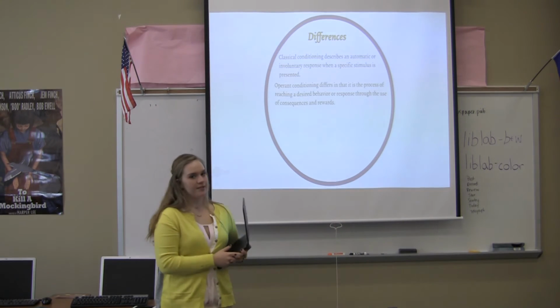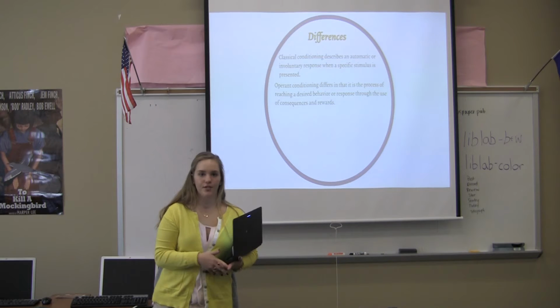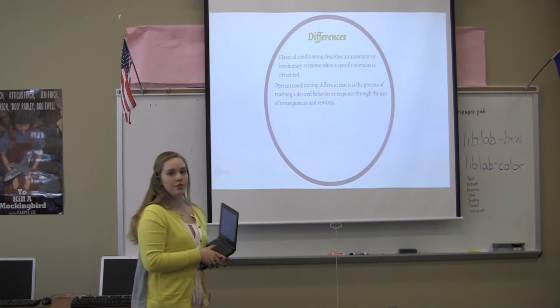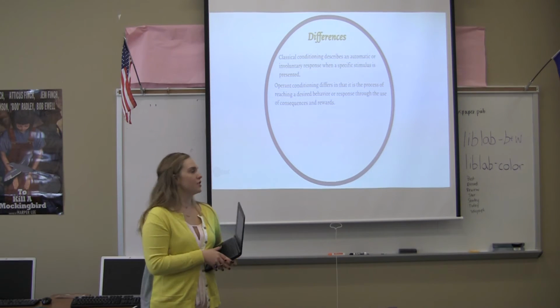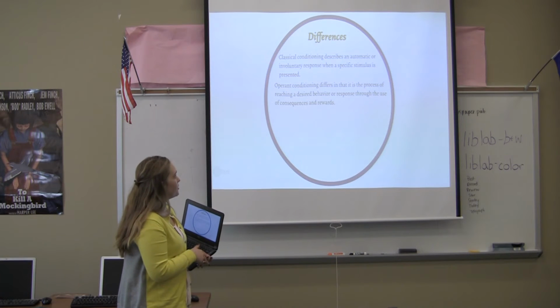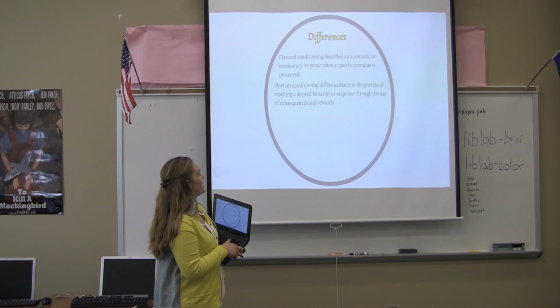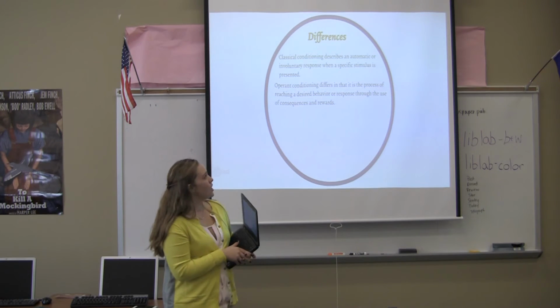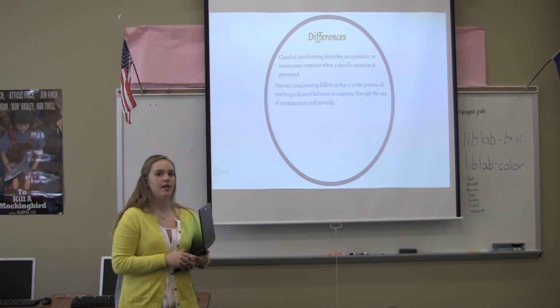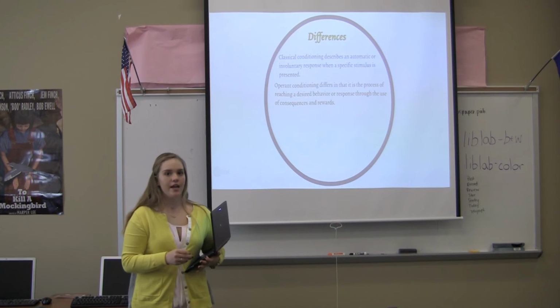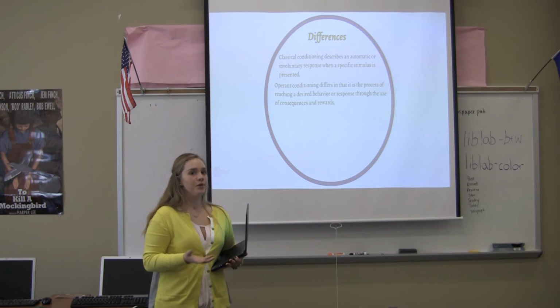The easiest difference is, because it can sometimes be hard to differentiate between the two since both are similar conditions: classical conditioning describes an automatic or involuntary response when a specific stimulus is presented. This is really important for classical conditioning because involuntary means that it's an action that you have already produced.